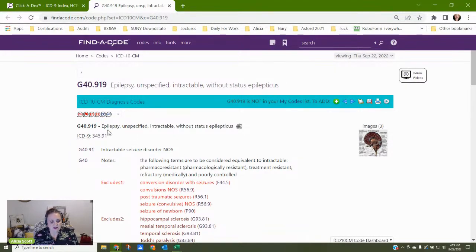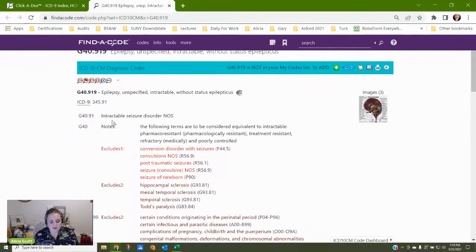So here we have epilepsy unspecified, which I could have gotten a specific type. He's right frontal lobe and he's in the back here. So we're going to code his out. We can actually get to a higher specificity with that. So that what type of epilepsy or where the epilepsy occurs in the brain is unspecified here, but it's intractable without status epilepticus.